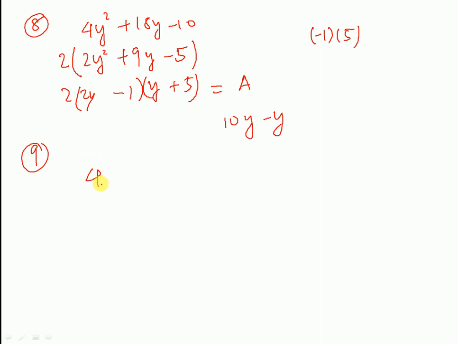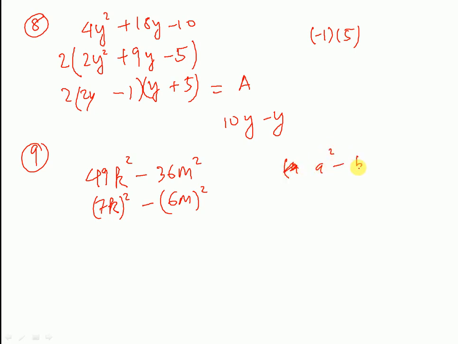So I have 49k squared minus 36m squared. 49k squared, you can rewrite as 7k, the whole thing squared, because 7 squared is 49 and k squared is k squared. Now this one is also 6m, the whole thing squared, because 6 squared is 36 and m squared is m squared.